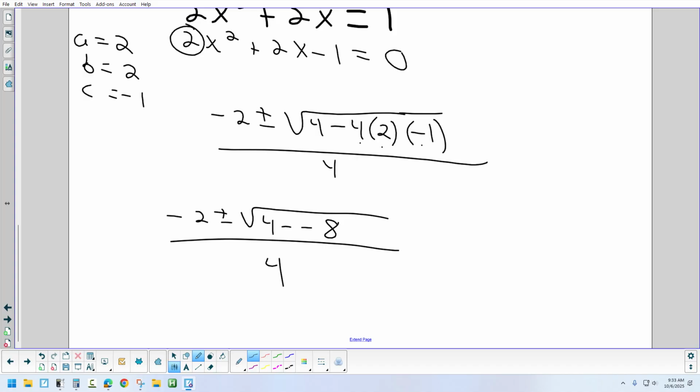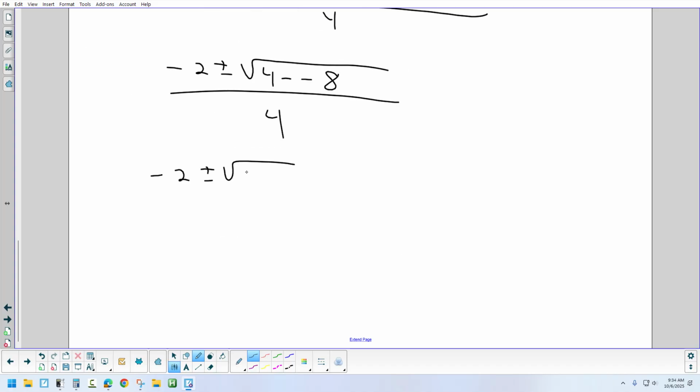So what I did was I had written down this negative already, so then I just did what was in that box. Oh, I see. So I had 4 minus, and then I did 4 times 2 times negative 1. But now we've got to look at what happens there. 4 minus minus 8 is going to turn into what? Addition. Yep. So that's negative 2 plus the square root of 12 over 4.